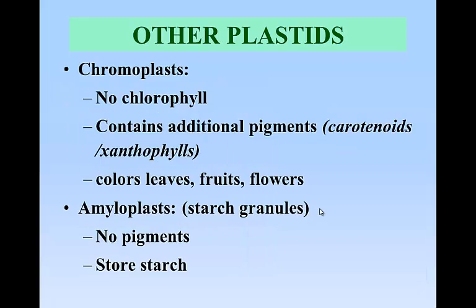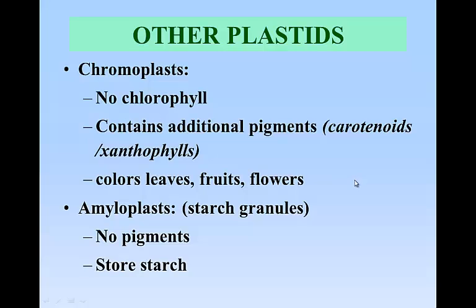Okay, there are other plastids that are filled with pigments, kind of like the chloroplasts, including chromoplasts and amyloplasts. Chromoplasts contain other pigments that have other colors, and they can also absorb energy and use that energy to provide energy for the cell.